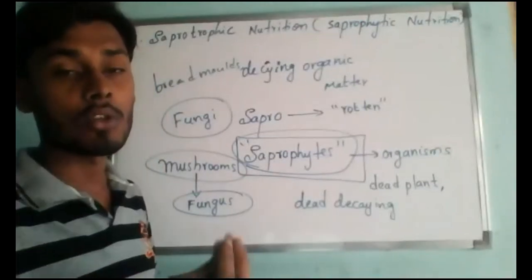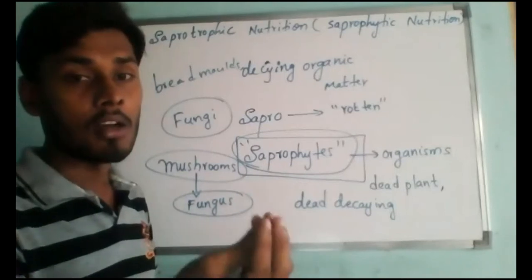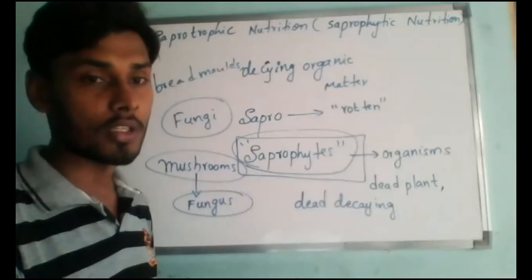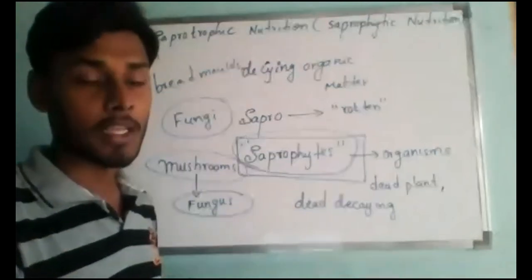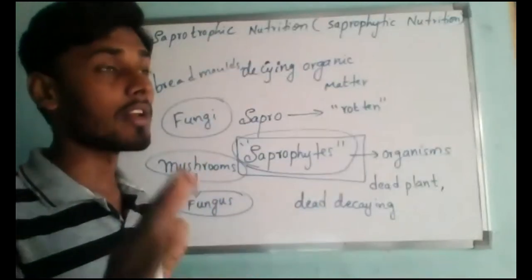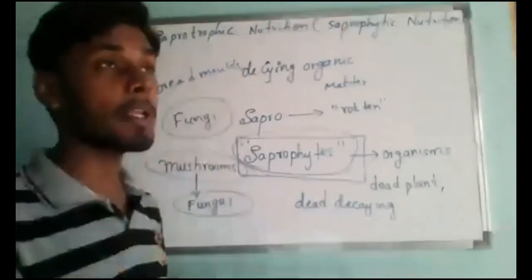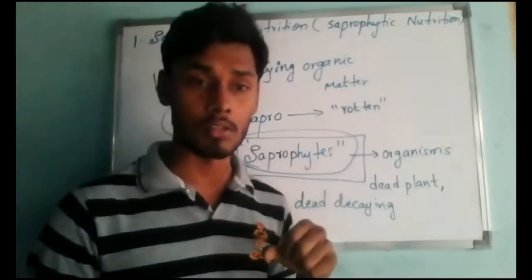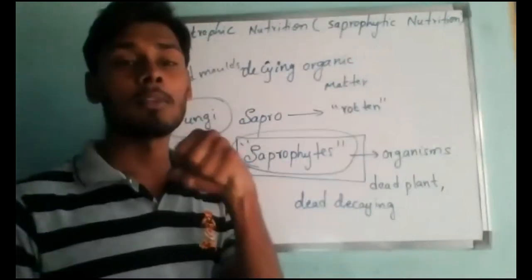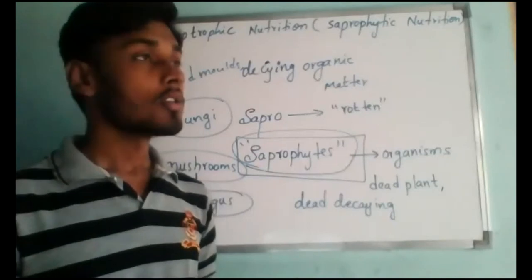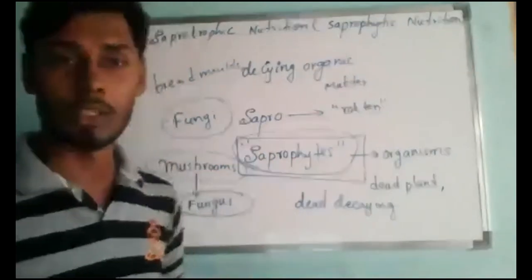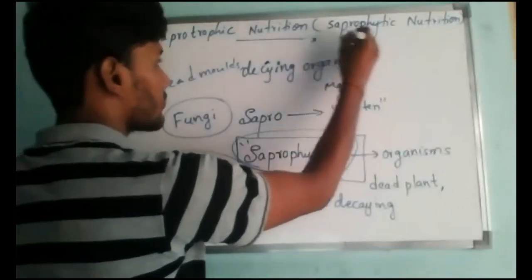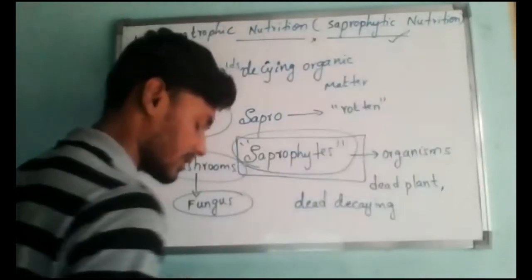Then they absorb these simpler substances. That is the reason the saprotrophic nutrition takes place outside their body. They convert complex substances into simpler substances, and later absorb those simpler substances. So this is all about saprotrophic nutrition. Another name for it is saprophytic nutrition.